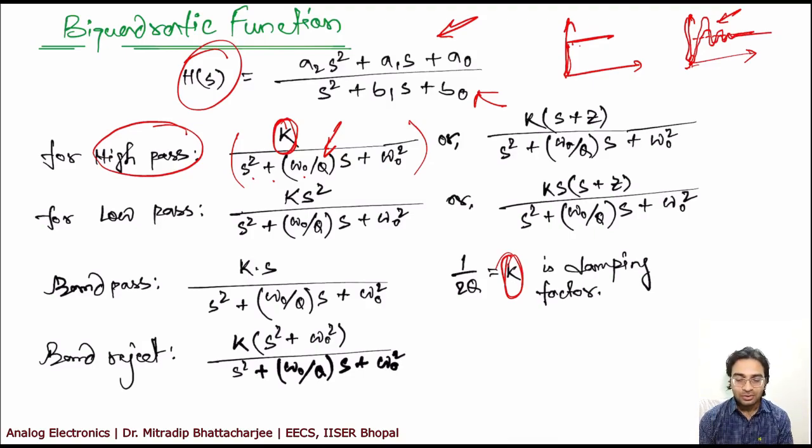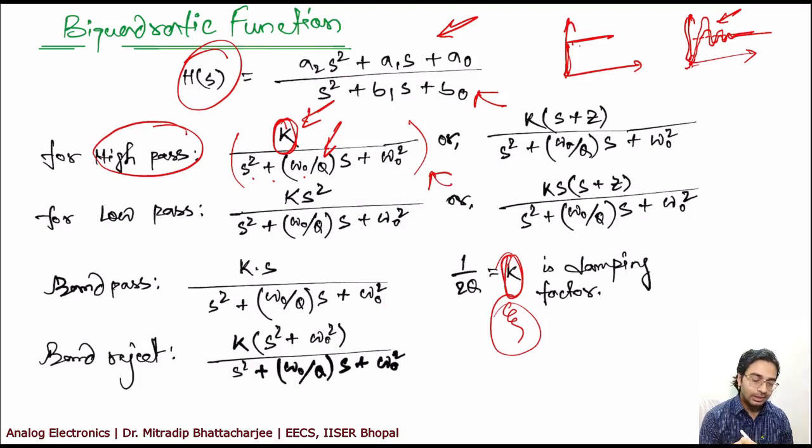Okay, so somewhere you will find this k is also written as zeta. So that's why this k is known as damping factor. Okay, so this damping factor and quality factor has a relation which is k equal to 1 by 2q. Okay, so this is a typical function for a high pass filter.